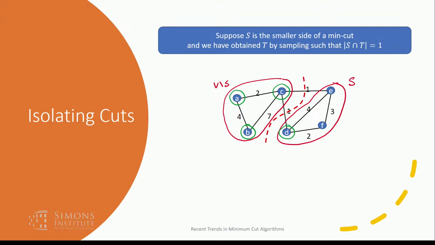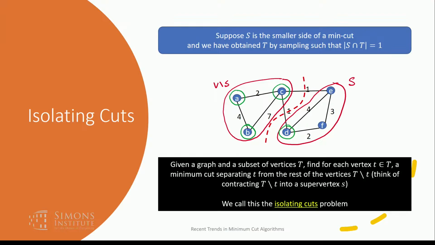Let's more formally define the problem. Suppose S is the smaller side of a min-cut, and we obtain a subset of vertices T, the sampled set, such that exactly one vertex on the smaller side is in T. The problem we want to solve is, given this setting, we find for any vertex t in our sampled set of terminals a minimum cut that separates t from the rest of the vertices.